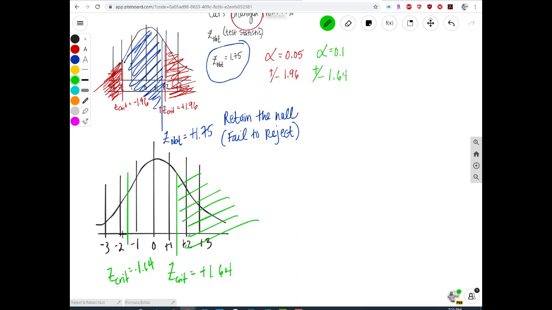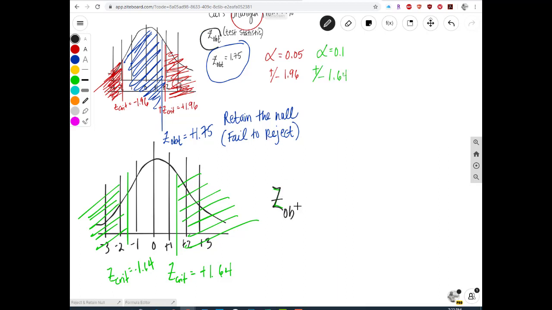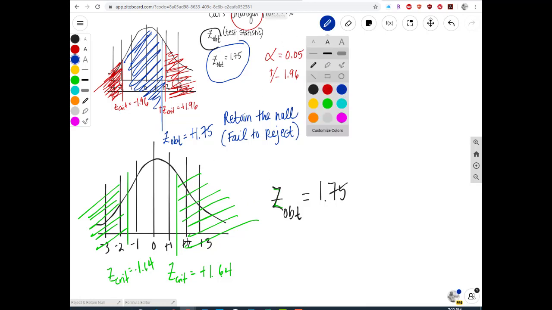Anything less than negative 1.64, I'm going to reject. If it falls in between, I'm going to retain. Now my z obtained, from up here, that we used in this particular example was 1.75. Well, where does 1.75 fall in here? 1.75 falls in the area of rejection.